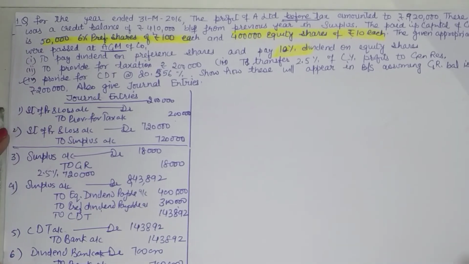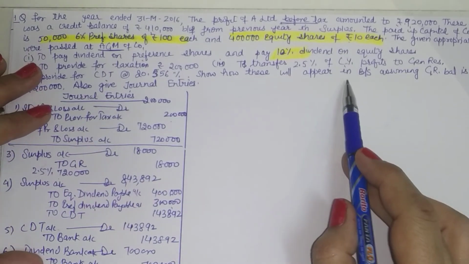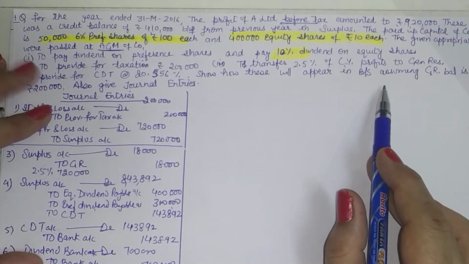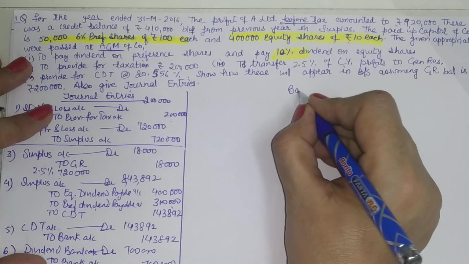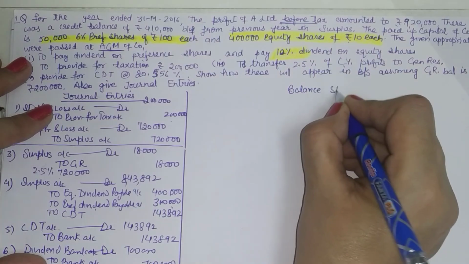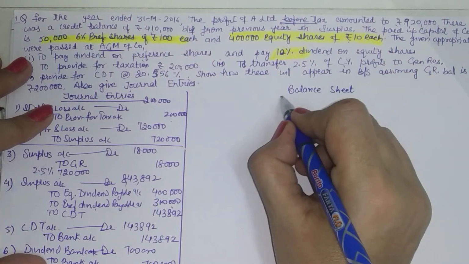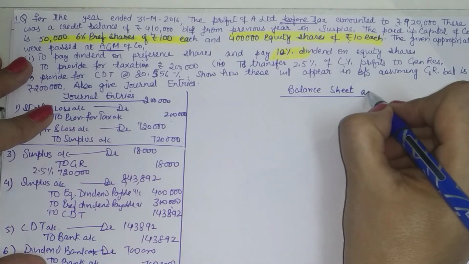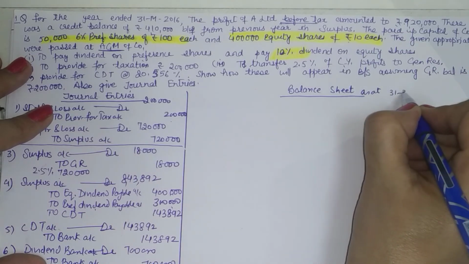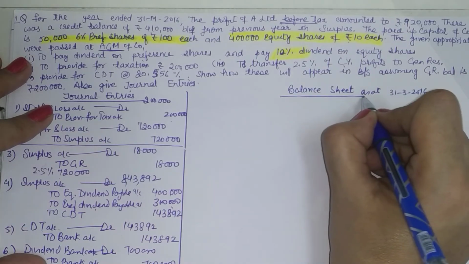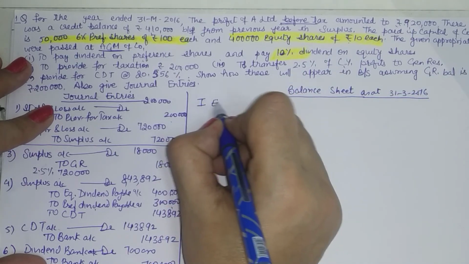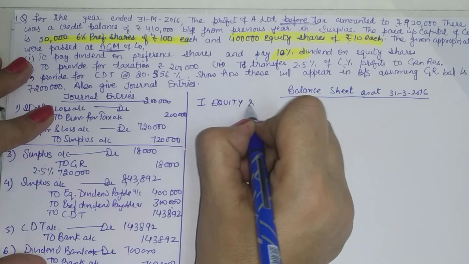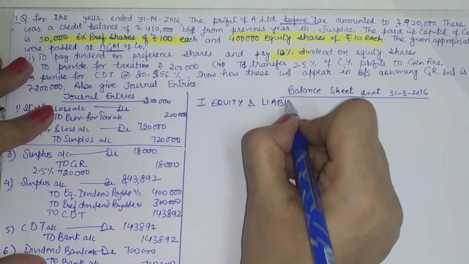Now your question also requires you to show how these will appear in the balance sheet, and when we write something in the balance sheet, we need to give proper notes also. So in the balance sheet of the company as at 31st March 2016, our first component is equity and liabilities.